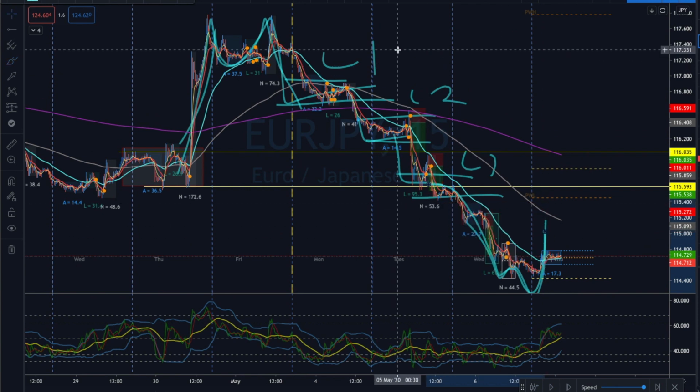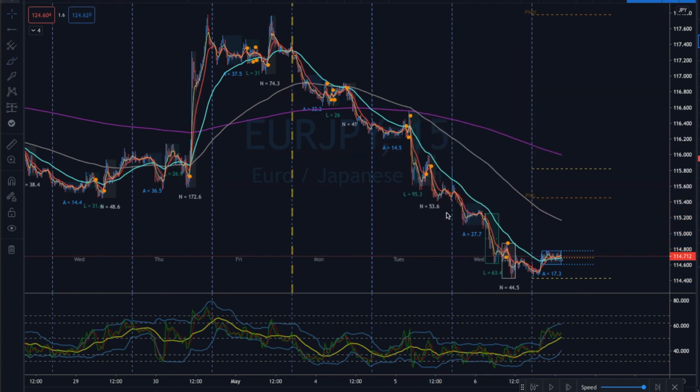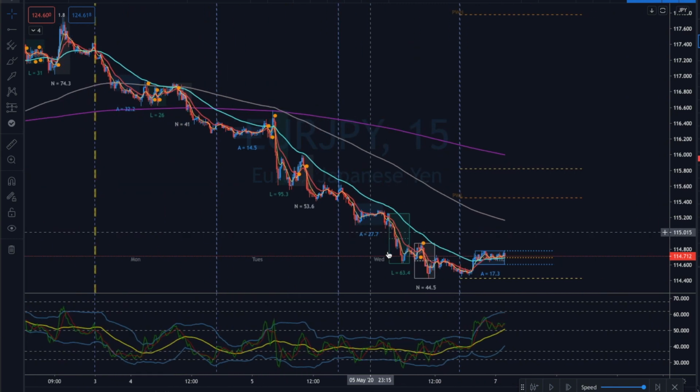And it looks like you're creating a W here. Now, why do I say that? I say that because price is now basically trading above the 50 EMA.